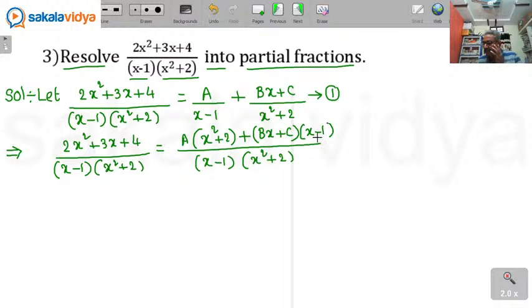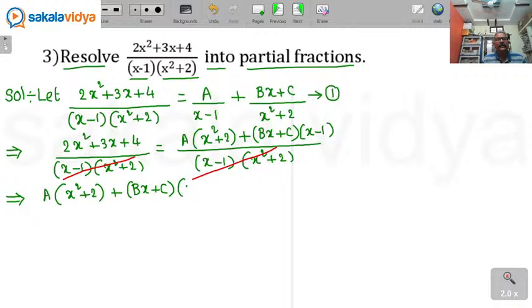Am I correct now? You can check this step. So now what shall we do here? x minus 1 into x square plus 2 cancel. So now we have a times x square plus 2 plus bx plus c multiplied by x minus 1 equals 2x square plus 3x plus 4.